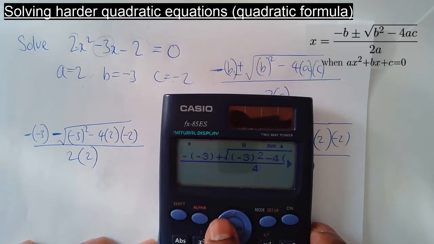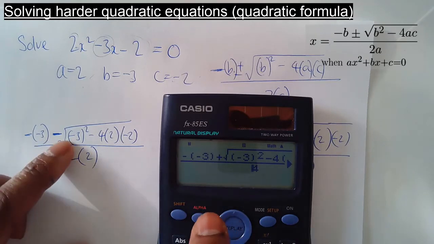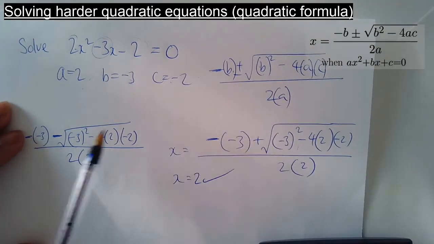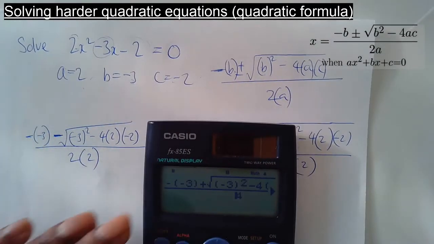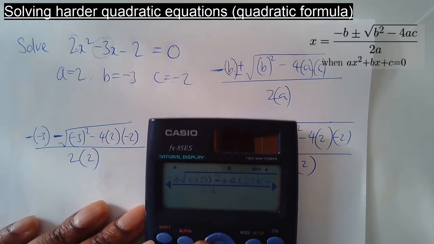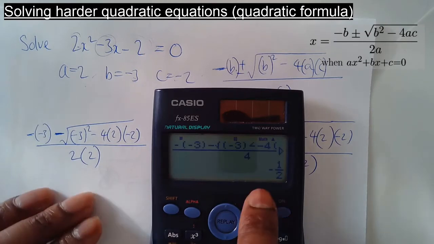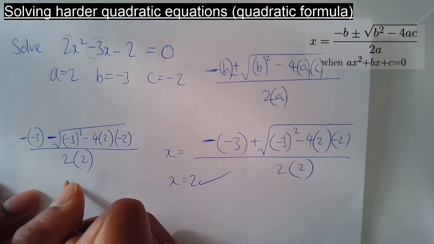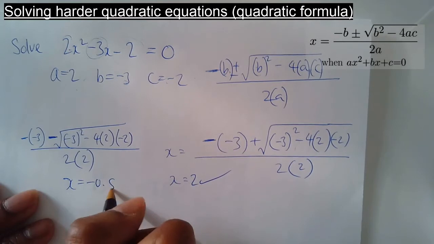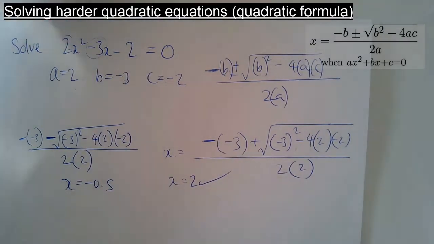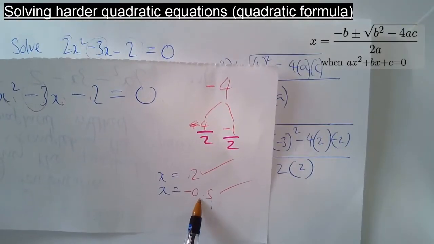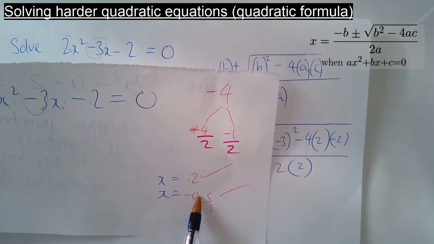Just going to go back and replace that plus with a minus this time. So I need to drag the cursor back. Missed it. Right. There you go. Just press the equal button now. I get minus 0.5. So x is equal to minus 0.5, which is what I had in my previous calculation.